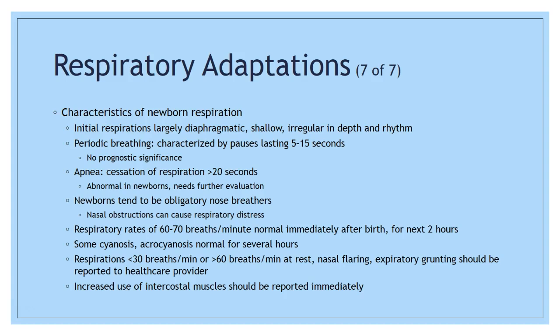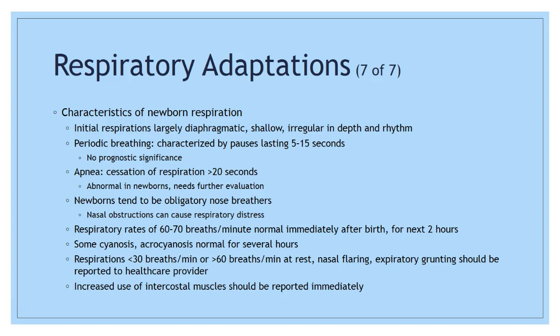Respirations less than 30 breaths a minute or greater than 60 breaths a minute at rest. So I told you guys 40 to 60 because that's what I'm used to, but I guess your book is using 30. So 30 to 60 we'll go with as normal from your book standpoint.